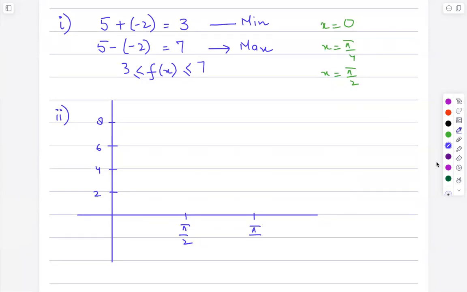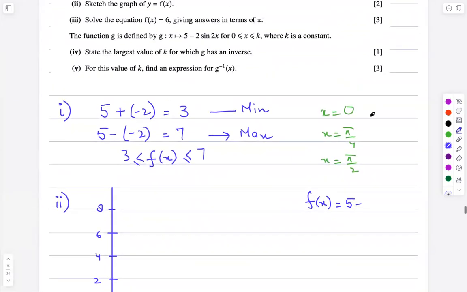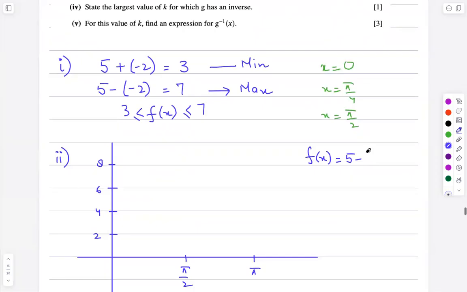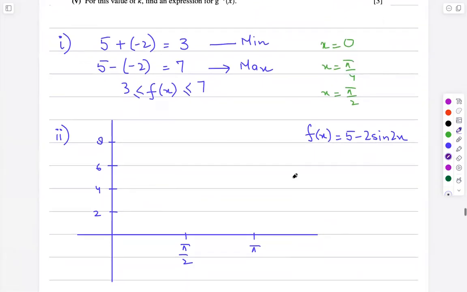Now to make the graph of f of x, we know that the function f of x is 5 minus 2 sine of 2x. To sketch the graph, we can assume values of x. Initially taking x equals 0, sine of 0 is 0, so f of x will be equal to 5. So we can plot the first point at 0 and 5.